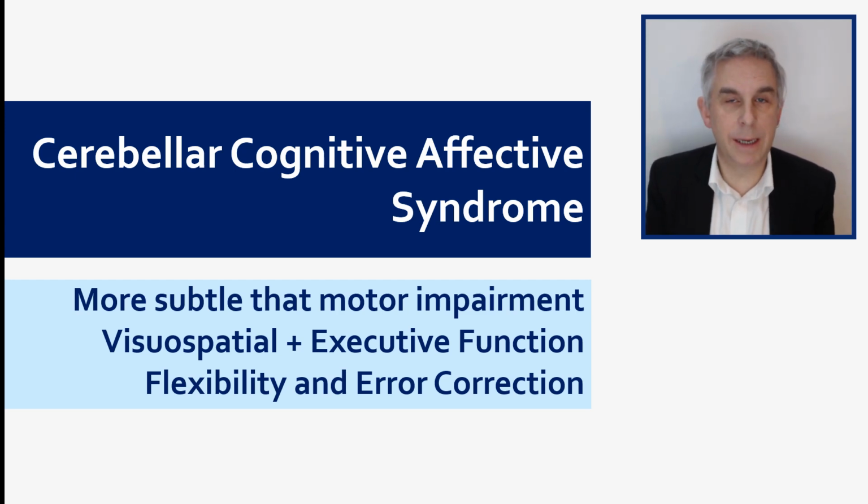Problems with flexibility in cognition could arise because of a difficulty in trying to identify mismatches between what's supposed to happen and what actually happened, in terms of cognition as well as in terms of motor function. That's a bit of a general working hypothesis at the moment, and as I said, we don't really have yet a great explanation for how this works or for what the role of the cerebellum is in cognition. There's certainly more to come.